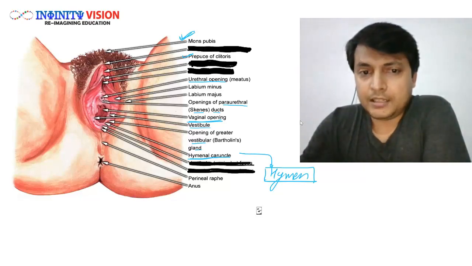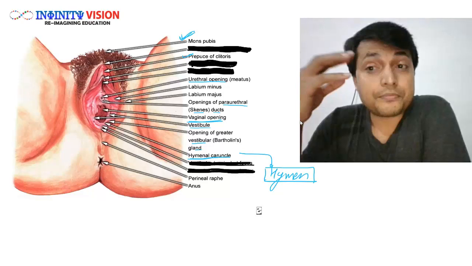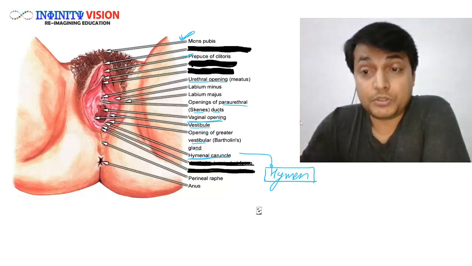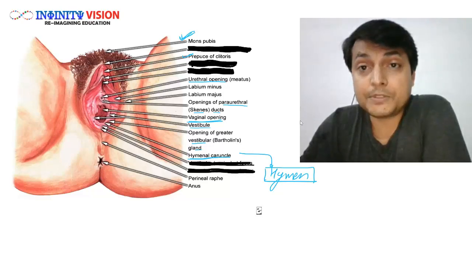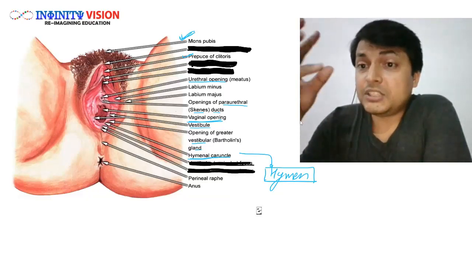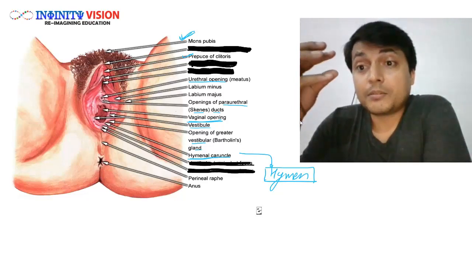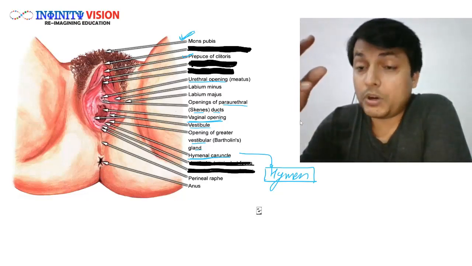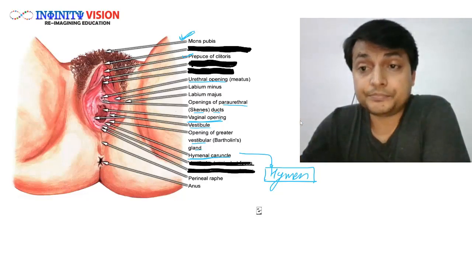And these hymens are of different types, literally 5 or 6 different types, and some of the hymens have larger pores in them, so one may mistake it as no hymen.